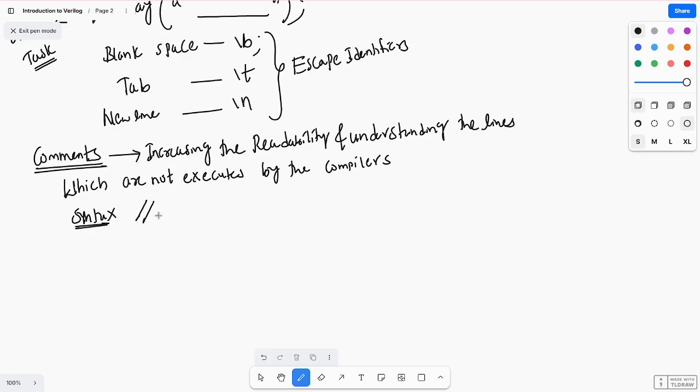For example, in a module, double forward slash a plus b will be skipped by the compiler. This is a single line comment. Understood?